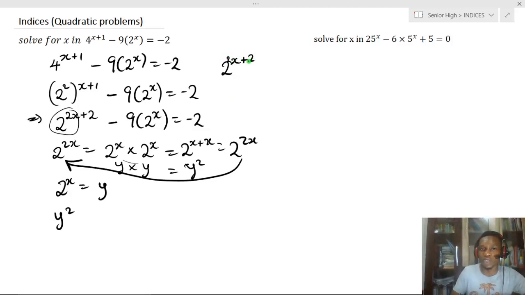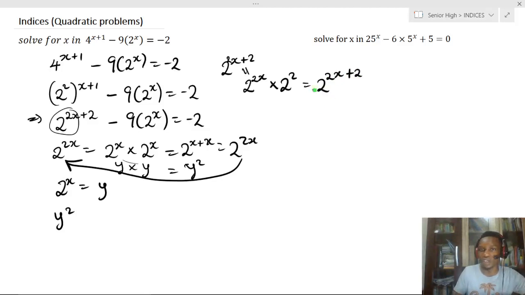Look at this plus 2 here. This plus 2 was gotten by saying if you had 2 raised to the power of 2x multiplying 2 raised to the power of 2. Because remember in indices, when you have this, you take one of the base, that's 2, and then you add up their indices, 2 raised to the power of 2x plus 2.